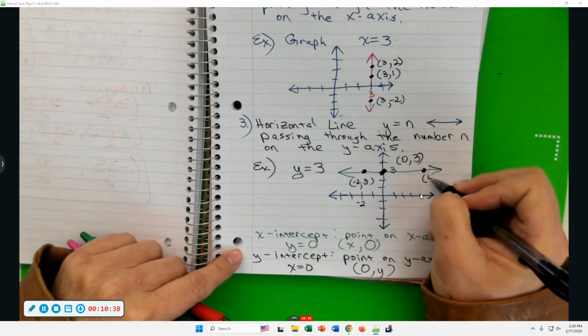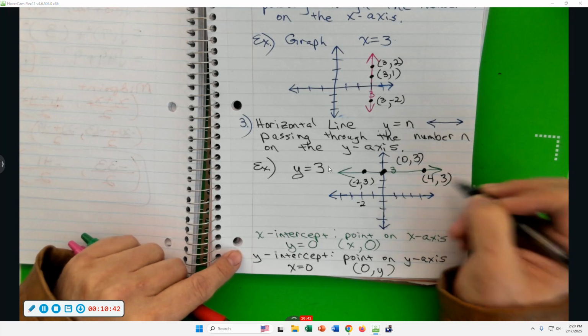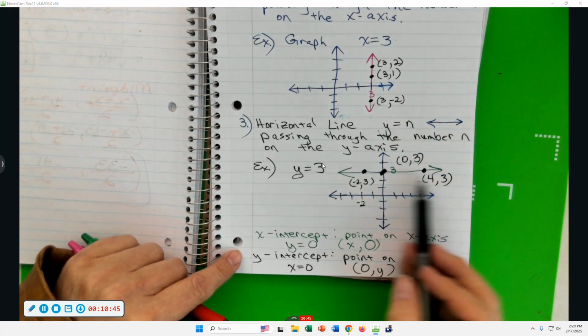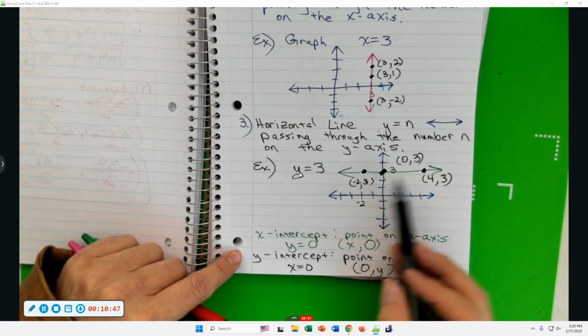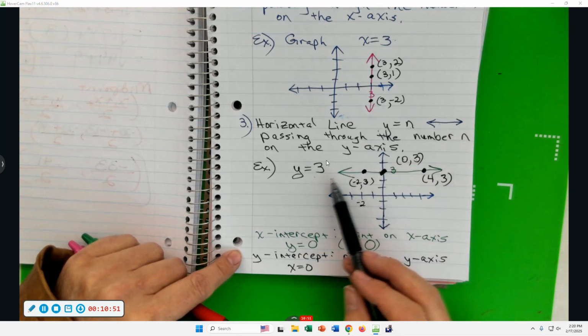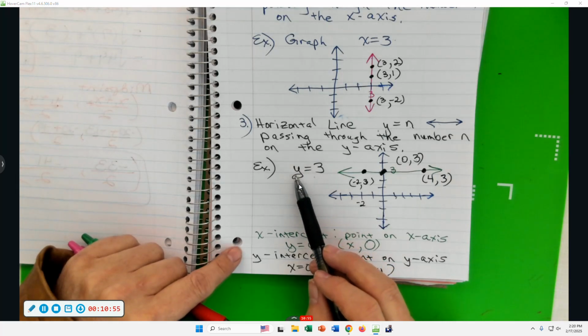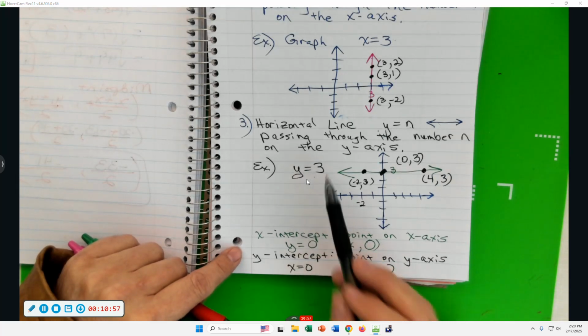We go to the right 4, but what's the y value? Every point on this green line has a y value of 3. That's why y equals 3 describes this horizontal line. It's saying draw the line that has every point whose y values are equal to 3.